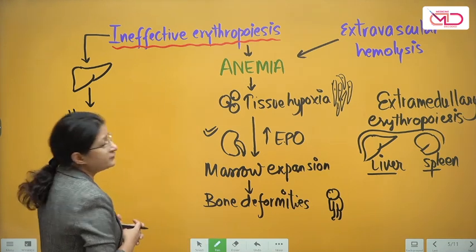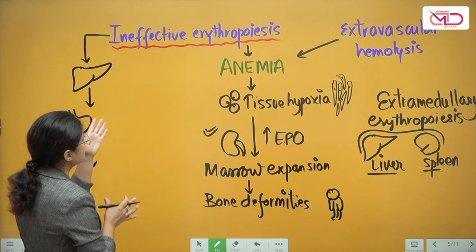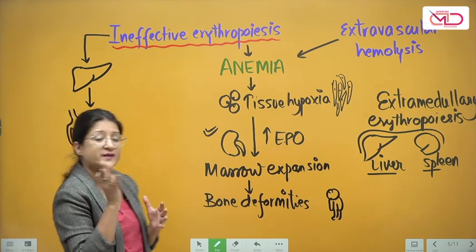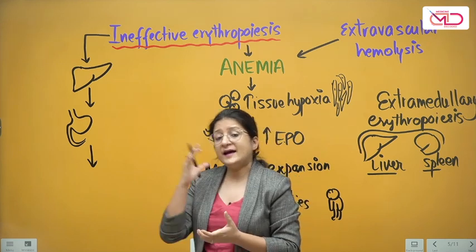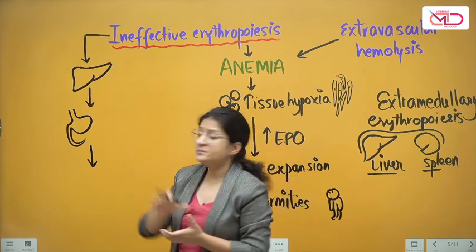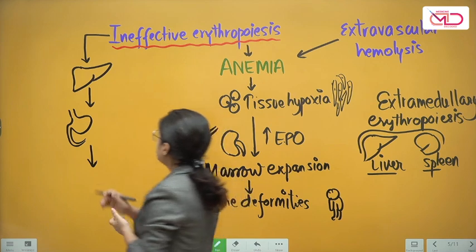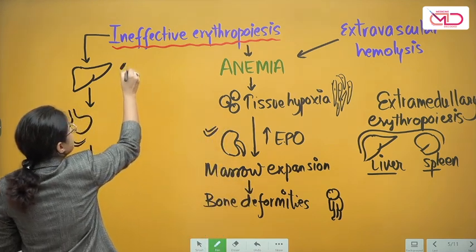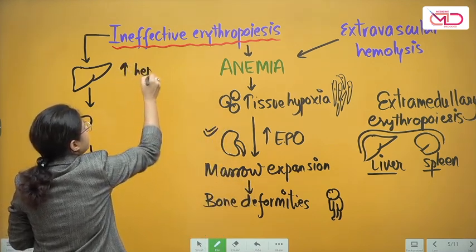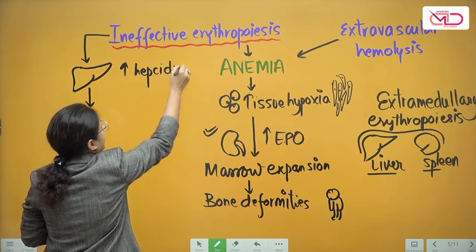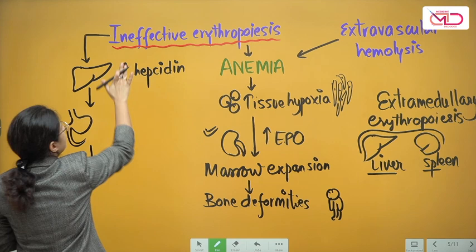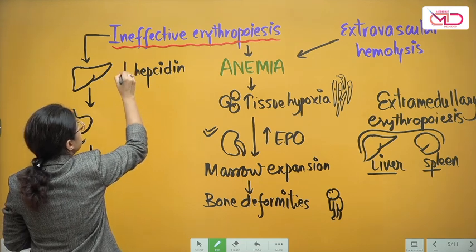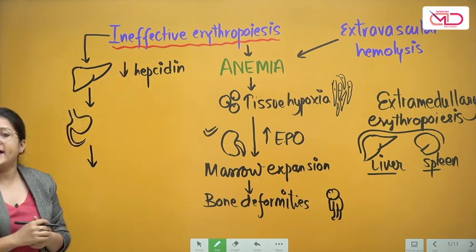Now, moving on further, what happens in case of ineffective erythropoiesis, which we discussed when we were talking about iron metabolism as well, is that this is sensed by the liver, and the liver decreases the secretion of hepcidin.